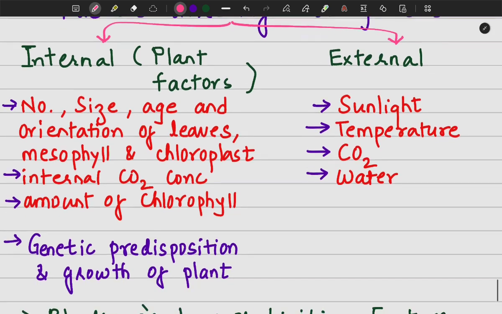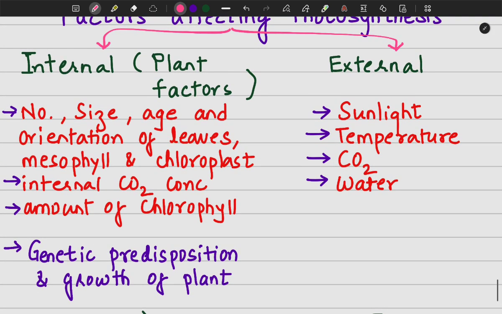Now these internal factors or the plant factors depend on the genetic predisposition and the growth of the plant. What does genetic predisposition mean? It means that all these characters, the number and size of the leaves, the orientation of the leaves, whether the leaf is isobilateral or dorsiventral, or as we studied the monocot or dicot leaf, and the distribution of chloroplast and the mesophyll cells, all these depend on the genetic makeup of the plant.